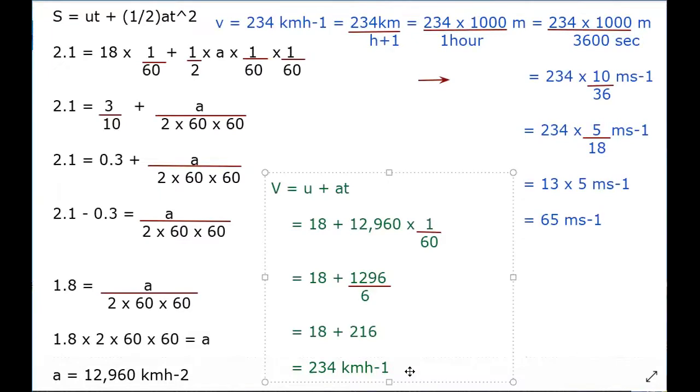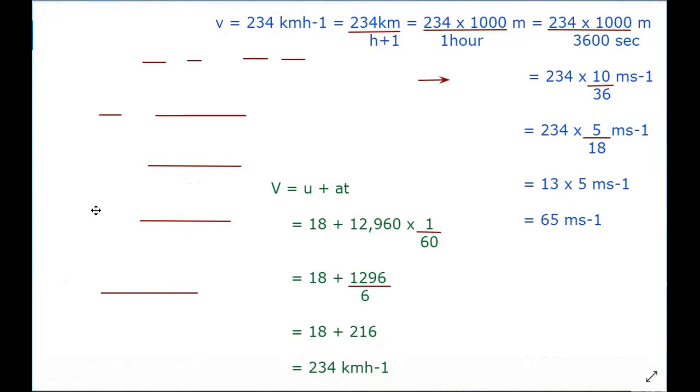Is it clear now? Do you know how to convert a kilometer per hour into meter per second? Is the process clear for you? Yes, sir. Now let's say you want to find the acceleration in meter per second. What should you do?